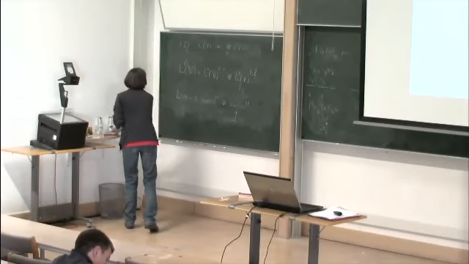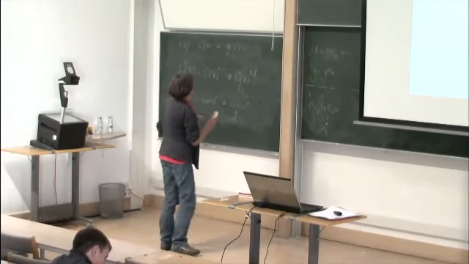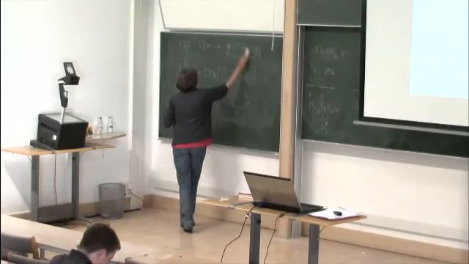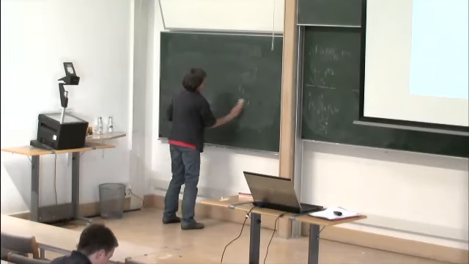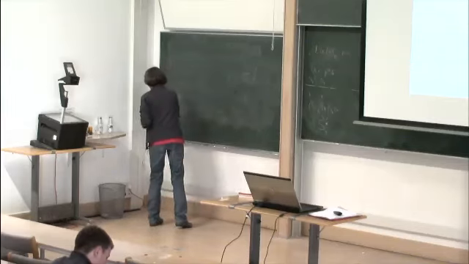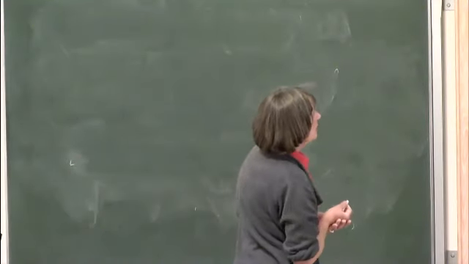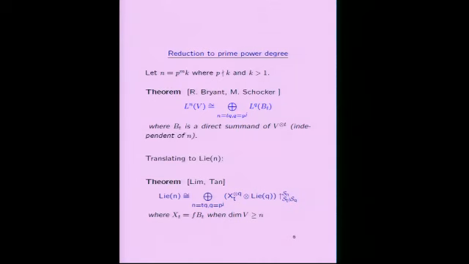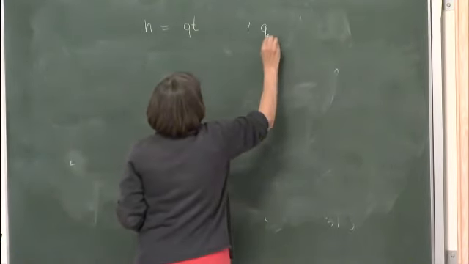Right, so I should say something about this notation, what this actually means. And from the group representation theory perspective, the crucial things are wreath products appearing here. So you have n equals q times t, I believe, and q is the p-power.